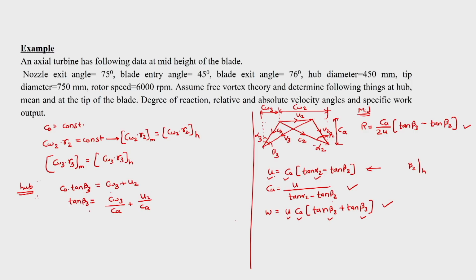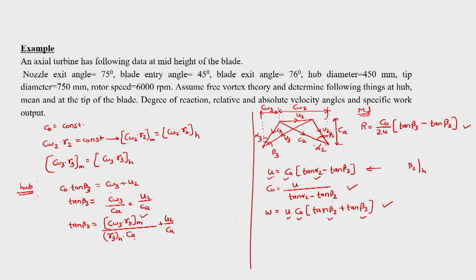So this U2 is found out by us. So we have tan beta 3, which is CW3 into R3 at mid divided by R3 at hub into Ca, plus U2 upon Ca. So we know this, we have calculated everything at the mid.